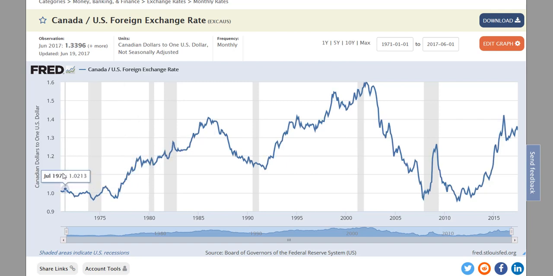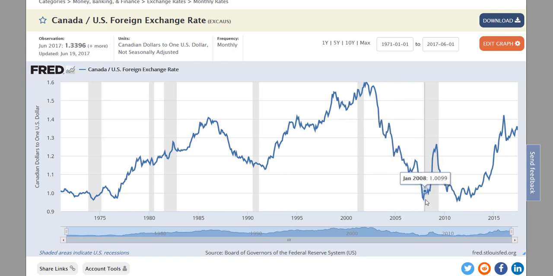The max comes all the way from 71. So here you can see that from 71 pretty much up to this peak of 2002, a trend shows continuous increase, appreciation of the US dollar against the Canadian dollar. By 2002, you would get about 1.60 Canadian dollars per each dollar.